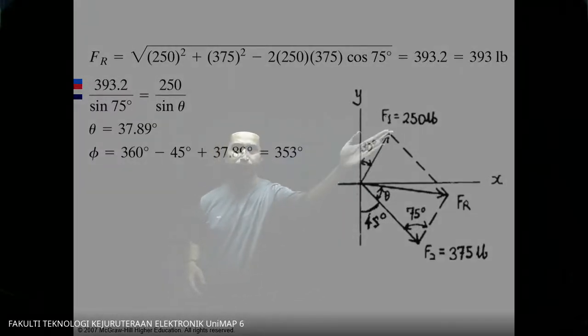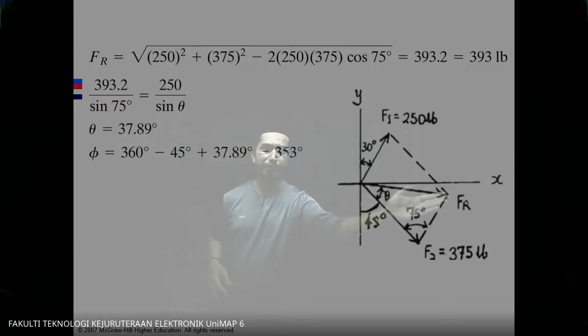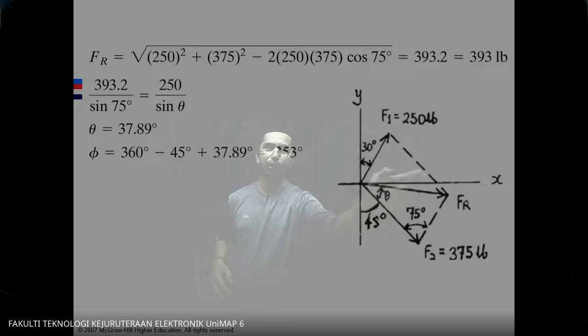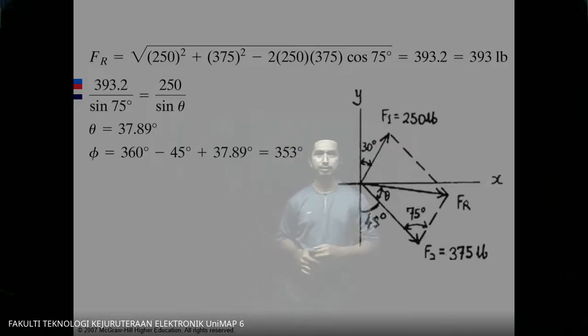You need to draw another line here that is parallel to F1, and a parallel line of F2. Then you will get this shape, and then just connect the last line, the resultant force.